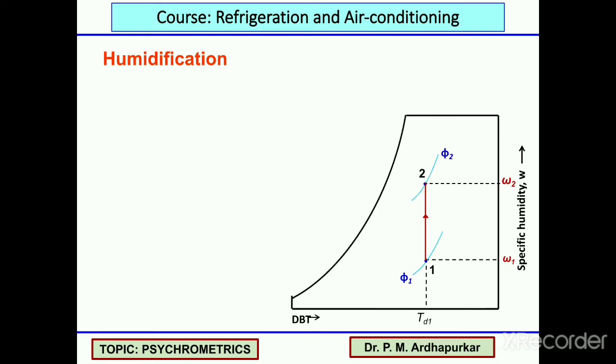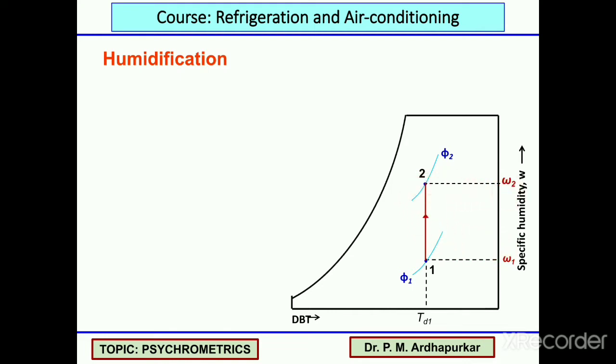Corresponding to this humidified air, if you see the specific humidity, it is denoted here as W2 and the relative humidity as phi 2. From this process which is represented on the psychrometric chart, it is very much clear that the specific humidity increases from W1 to W2.